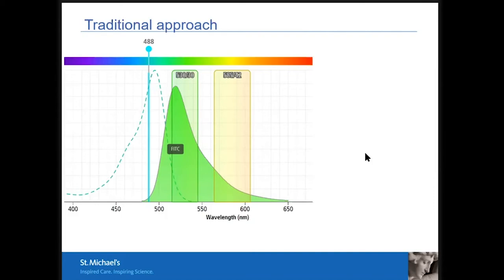That is not all of our signal, but that's what we count as our signal for this FITC fluorophore. The problem is that FITC also emits in the orange spectrum, in our neighboring detector here where we would pick up PE or microRNA. Now, in this very simplistic example, what we end up getting the cytometer to do is quantitate that part of our signal that we're going to count as our full FITC signal. It might only be about 40 to 50% of the signal.